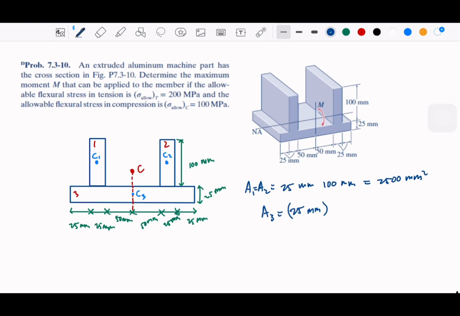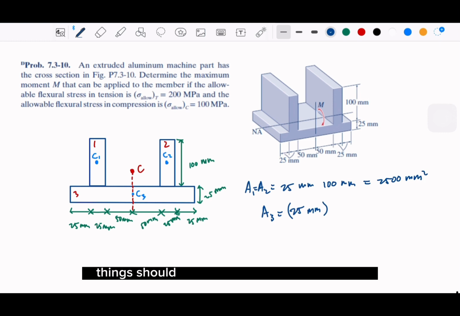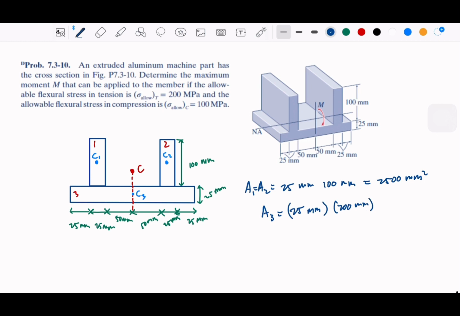Or 200. Oh, 200, not 300. So this will be 5,000.